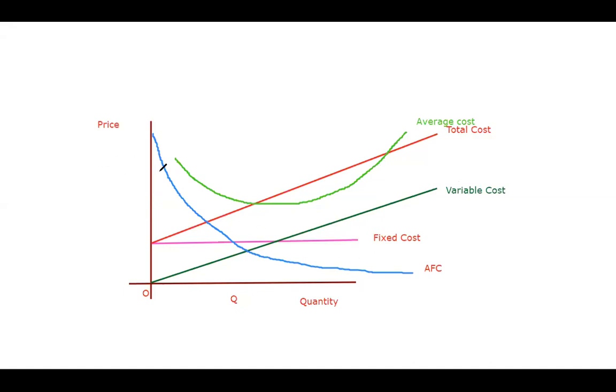Average variable cost will start from here and it will be almost the same like this. And it's going to be in here. Average variable cost. Now we're going to do marginal cost. Marginal cost will be the black one. Let's try with the black one.